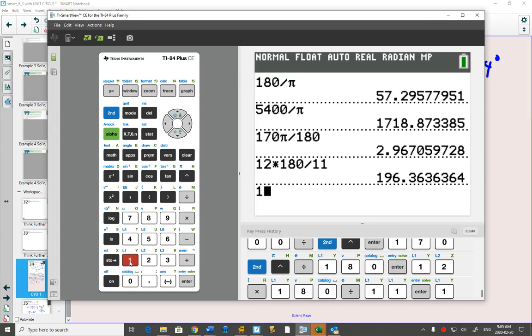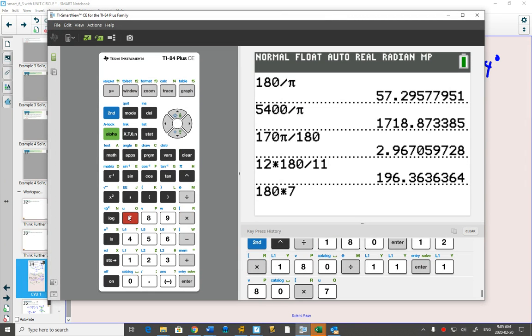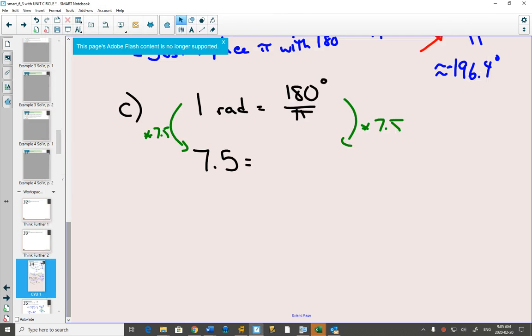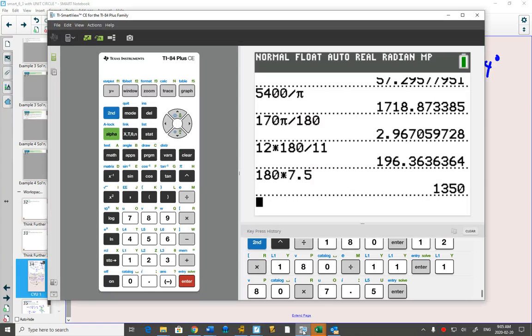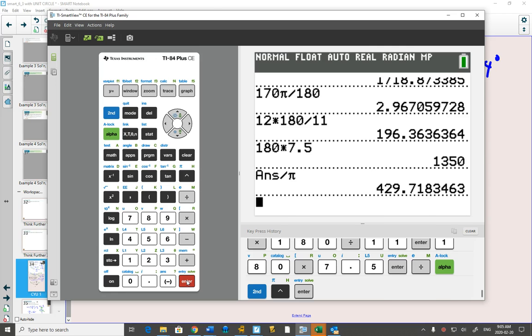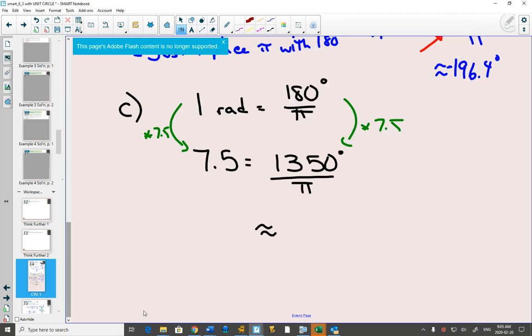On my calculator, 180 times 7.5, 1350. So if I wanted to write an exact answer, I'd write 1350 over pi degrees. If I wanted to do an estimate to the nearest tenth, 429.7 degrees.